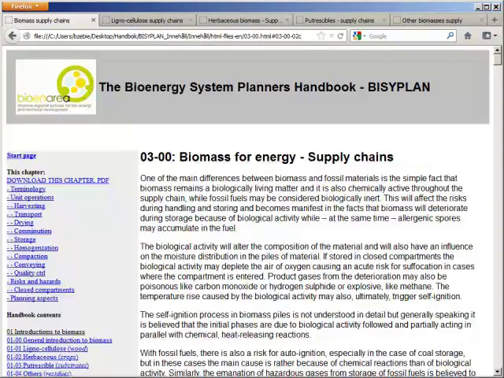The philosophy of just-in-time deliveries is not applicable to biomass for energy supply chains. This has two main reasons. The first is that the energy supply system in society has to have an extremely high reliability.